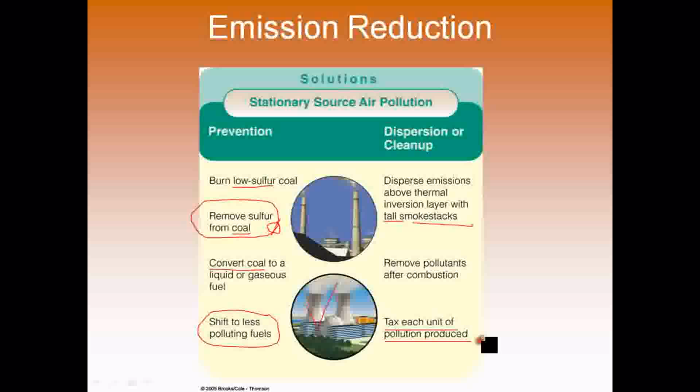You know, that's very unpopular, because a company, in order to make a profit and do what it does, needs to emit some stuff. They don't feel like they should be taxed on their emissions. All that's going to do is raise the price of whatever it is they make to the consumer. Something like cap and trade is a little bit more palatable because there is a financial incentive built in.